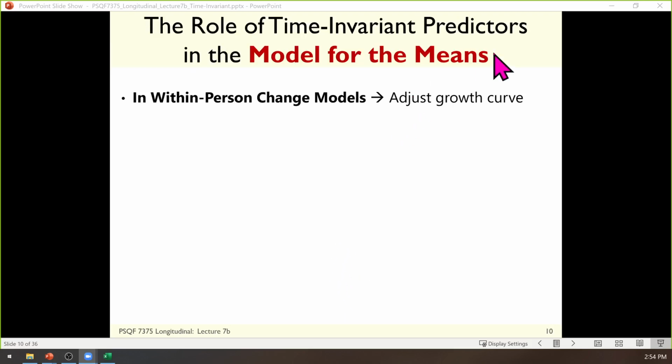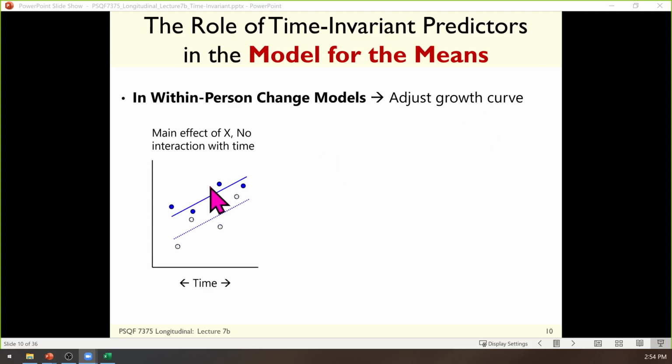So what do these predictors have to do? If it is a model for change over time, they adjust the growth curve. For instance, if I have time as my x-axis here, and an outcome y over here, I may have people that are high on my x level 2 predictor and people that are low on it. If I put in a main effect of my time invariant predictor, that would allow a result like this.